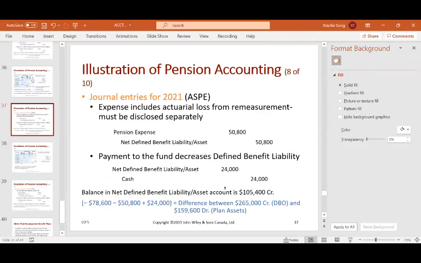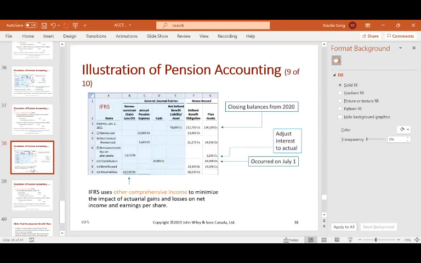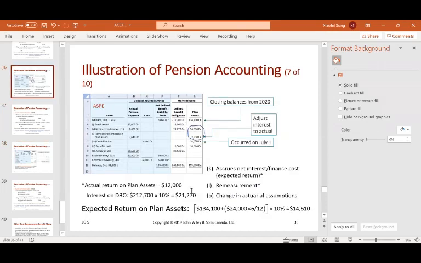Okay, so as a result of that, I think this is it. As a result of that, the defined benefit obligation would have a credit balance of $105,400.